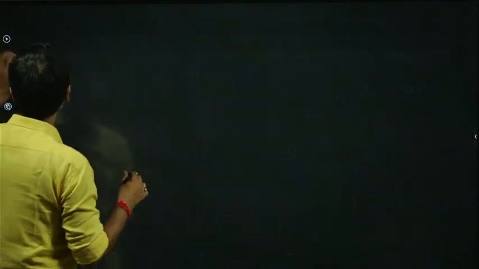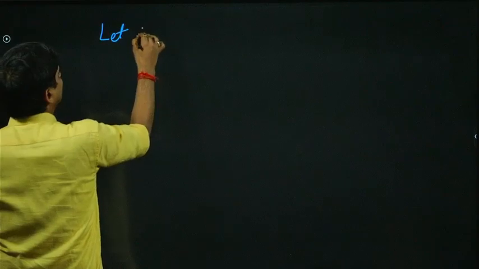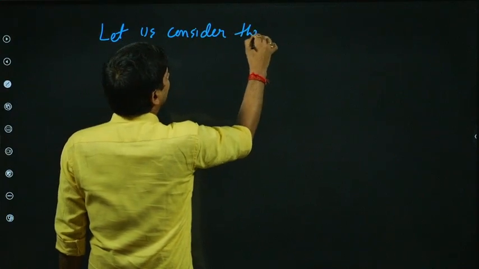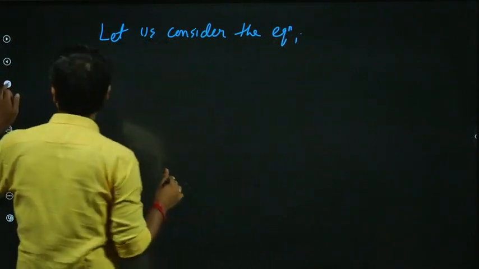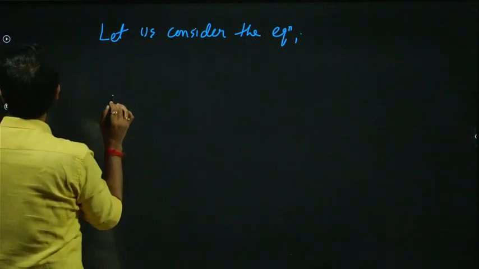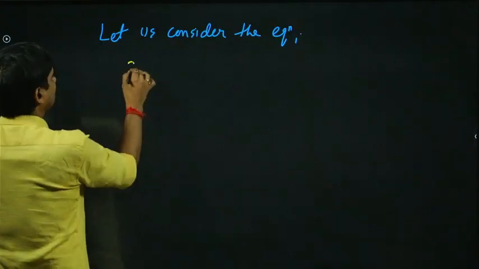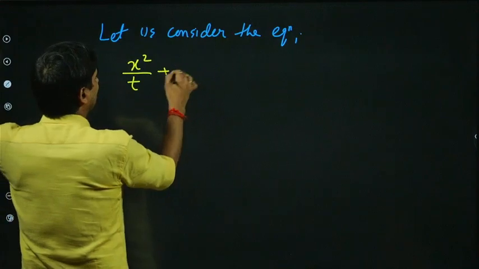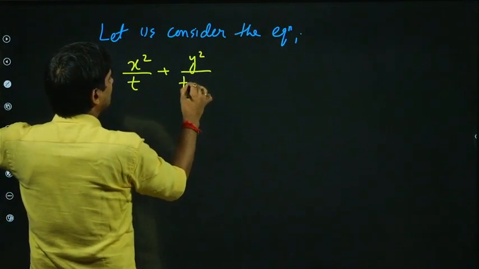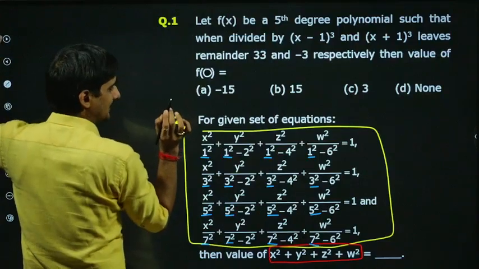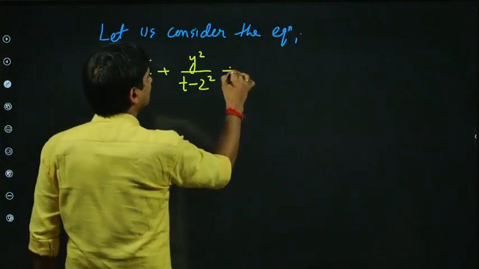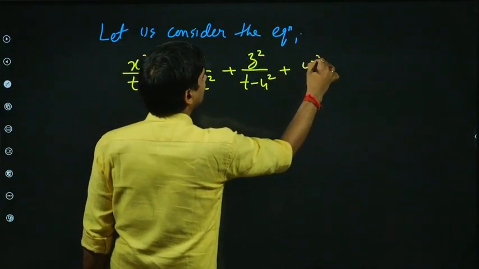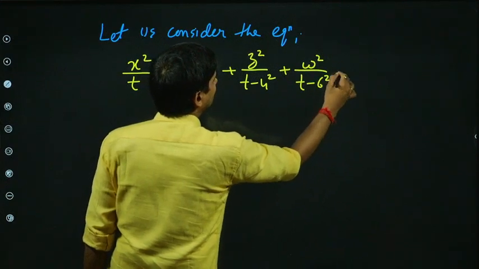So what I will suggest is, let us consider one equation in some other variable, t. So it's x square upon t plus y square upon t minus 2 square, and then z square upon t minus 4 square plus w square upon t minus 6 square is equal to 1.